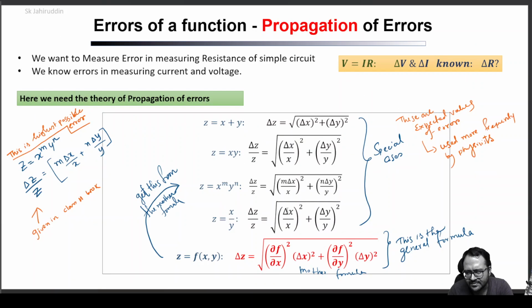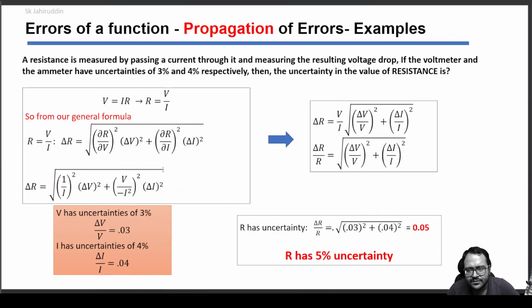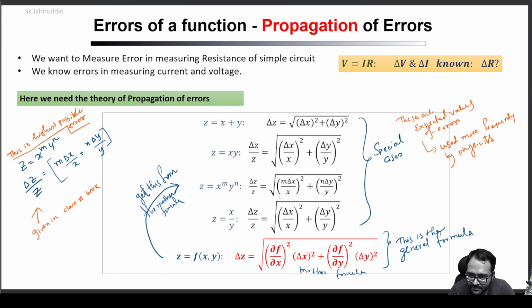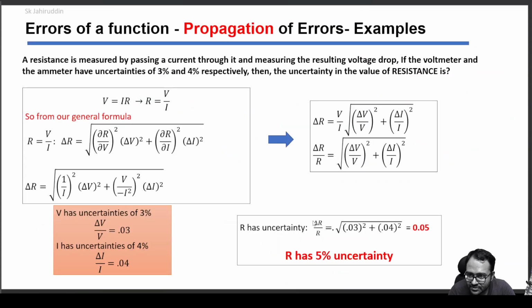If you have divided by, m is 1, n is minus 1, just simply delta x by x, delta y by y. So it is nothing but delta R by R is delta V by V whole square plus delta I by I whole square. Just think about those formulas, man. Think about it. Don't just use it.